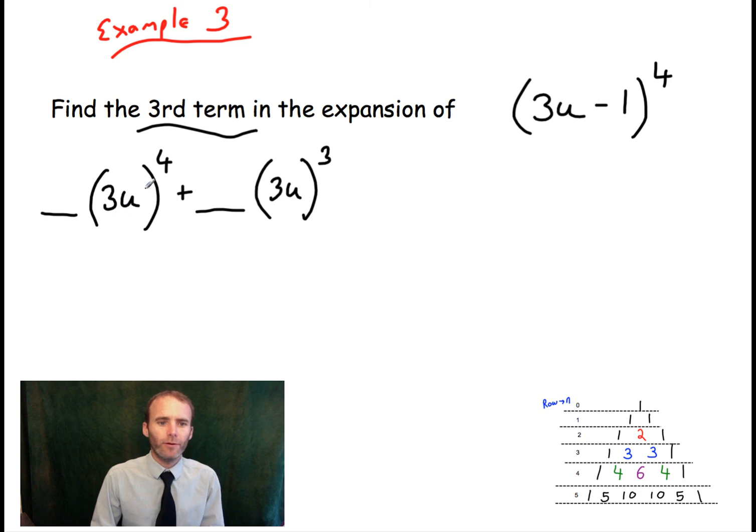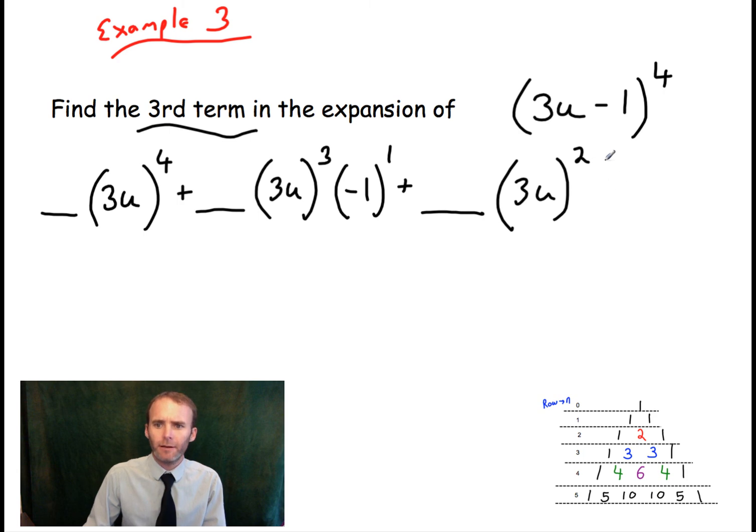Notice that I'm putting the 3u in parentheses and I'm raising the whole thing to the 3rd power. Now I have plus, oh, I forgot my second part of that, which is b to the 1st power, plus I have my blank, and I have 3u counting down, so it's squared, and I have negative 1 squared because I'm counting up, and plus dot dot dot.